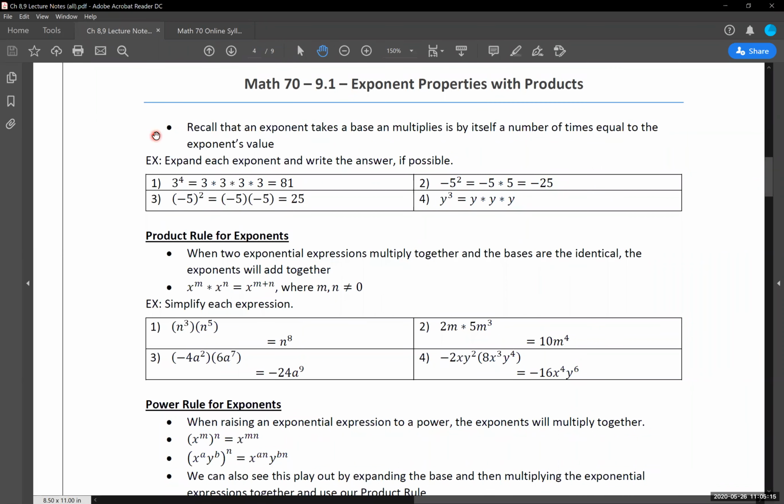And the main one with that is recalling that an exponent takes a base and multiplies it by itself a number of times equal to the exponent's value.